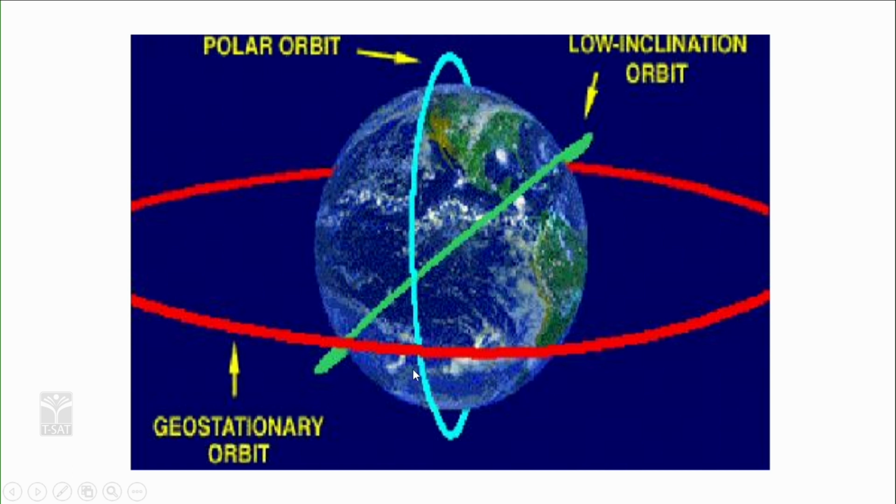These polar synchronous orbits are at low altitude relative to geosynchronous or geostationary orbits. They can be at an altitude of 1200 to 1500 kilometers. PSLV is the vehicle used to launch satellites into polar synchronous orbit.